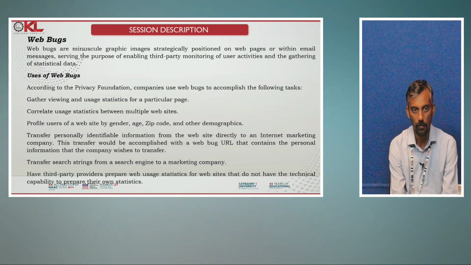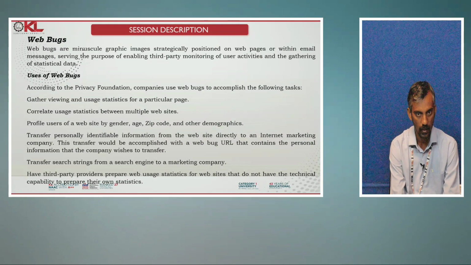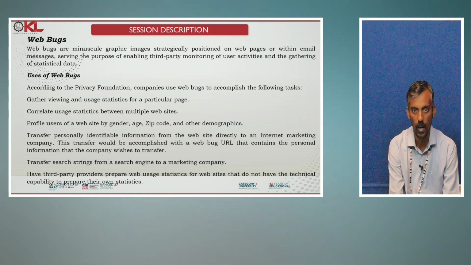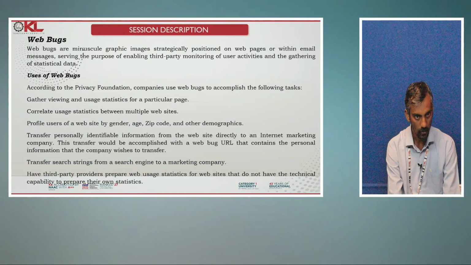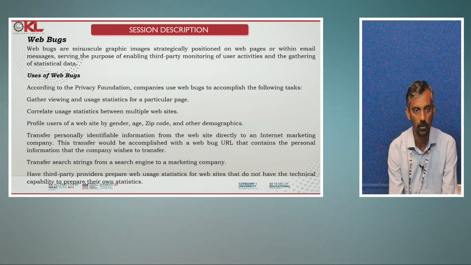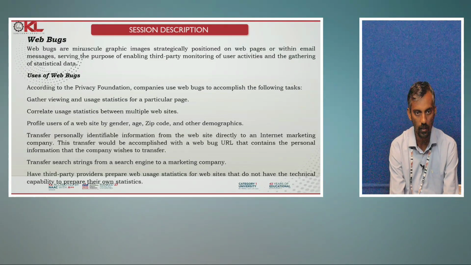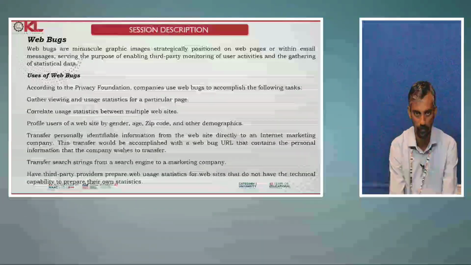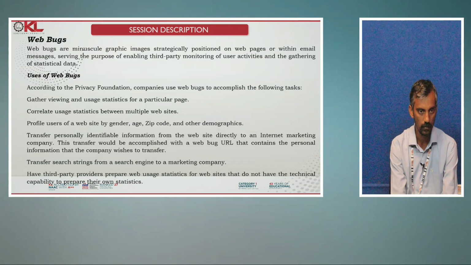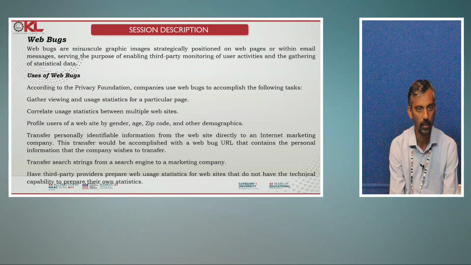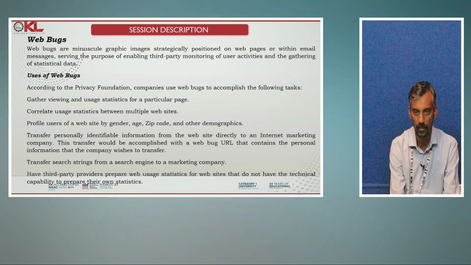According to the Privacy Foundation, companies use web bugs to gather viewing and usage statistics for a particular page, correlate usage statistics between multiple websites, and profile users of a website by gender, age, zip code, and other demographics.